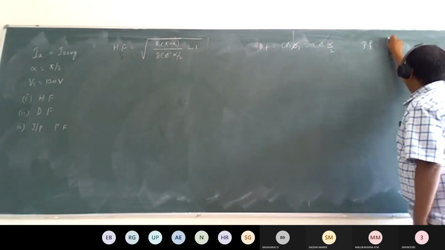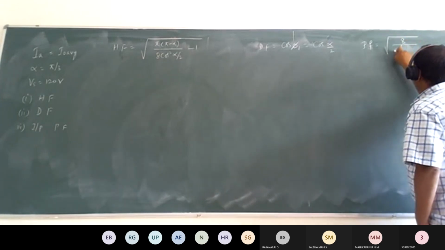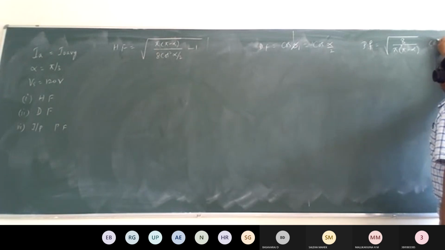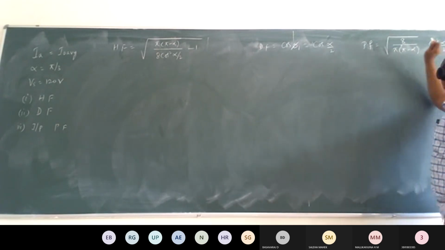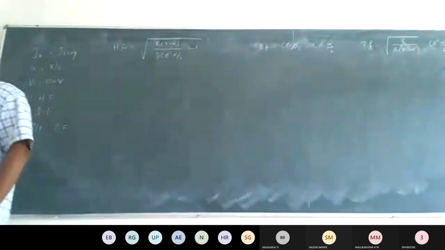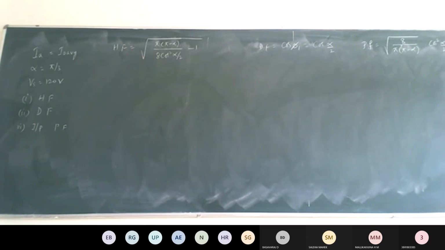Square root of 8 divided by pi into (pi minus alpha) into cos square alpha by 2. You have three formulas. You just substitute the alpha value in terms of radians, that is pi by 3. First you need to calculate HF, DF as well as PF.